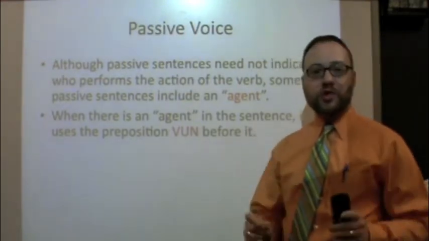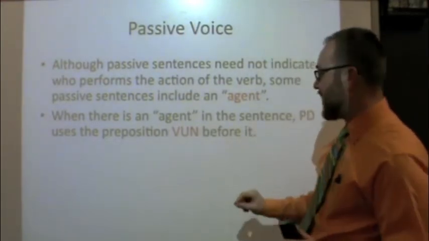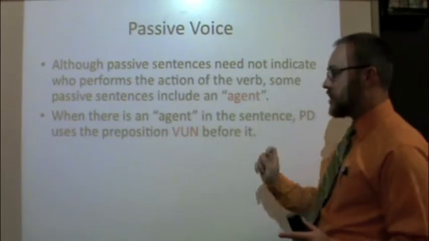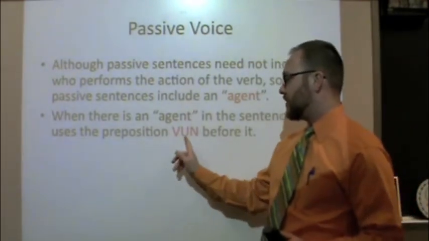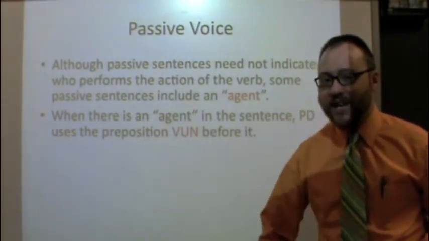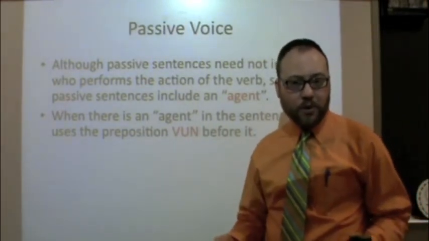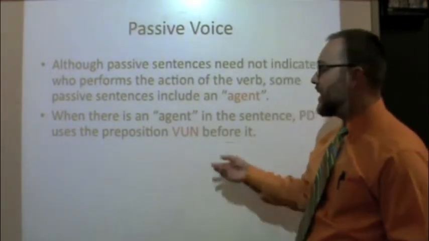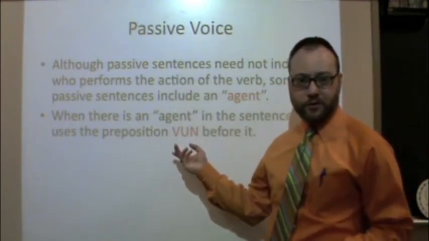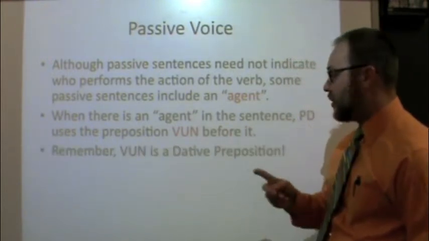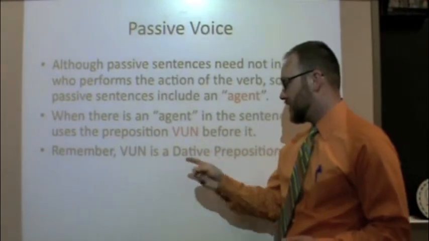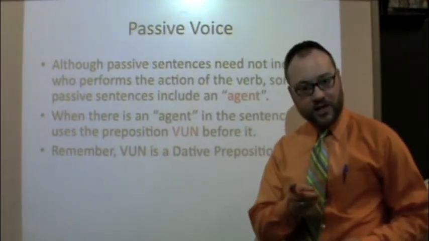When there's an agent in your sentence, then in Pennsylvania Dutch we have to use the preposition fun before it. In English, the books are being read by Bob. By would be our preposition in that one, but in Dutch we need fun, F-U-N. And also remember, fun is a dative preposition, so there are rules that accompany that.